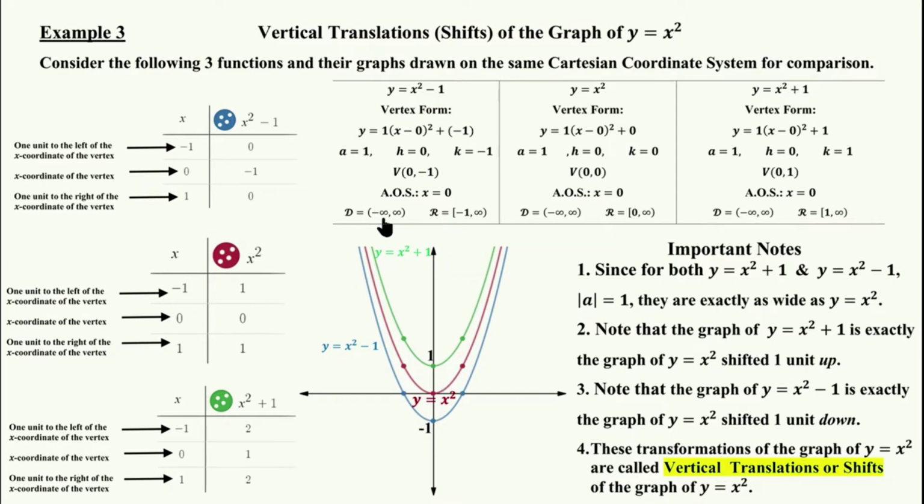Now do notice that while the domains continue to be the set of all real numbers, the ranges are different here. Notice that for the outputs of the green curve here, which is y equals x squared plus 1, there are no outputs below 1. So the range is going to be all the y values from 1 and up.